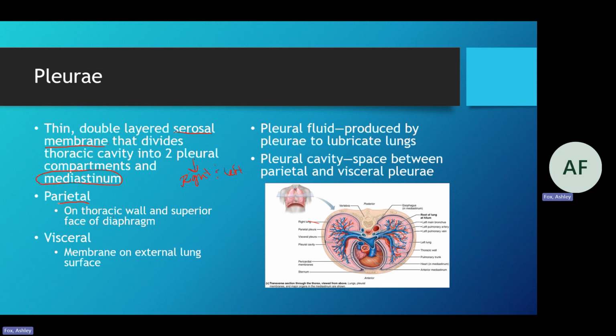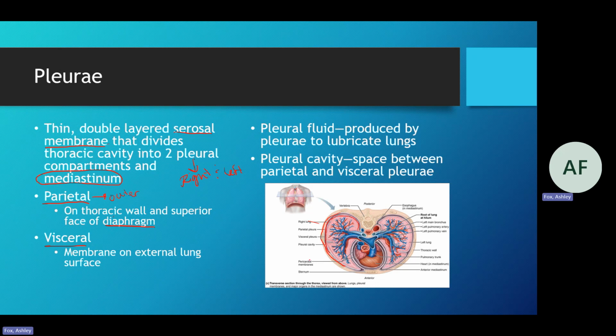You have the parietal pleura, which is going to be the outer layer. So this is going to be on the wall of your chest, the thorax, and also goes down to the diaphragm, the major muscle of respiration. The visceral layer is actually going to be on the lung surface, on the outer surface.